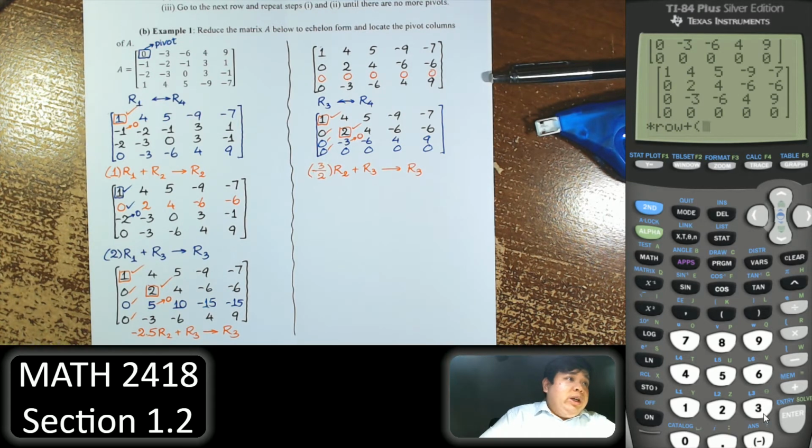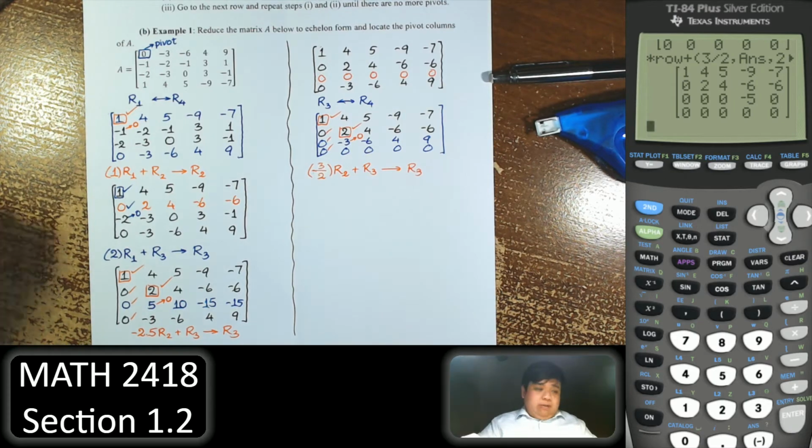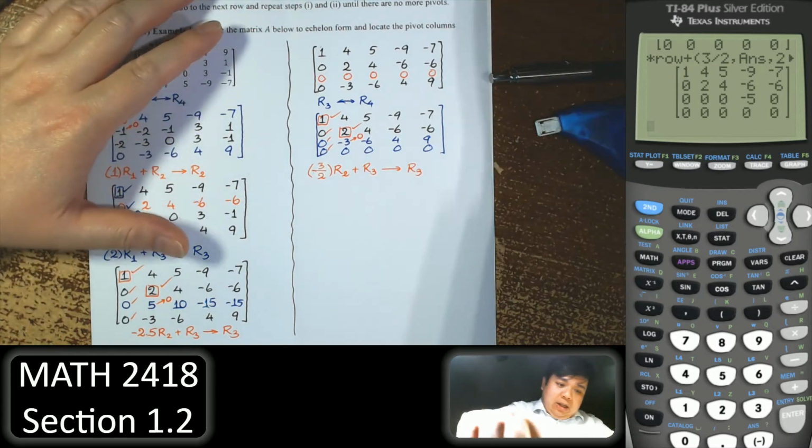Right, 3 over 2. Apply to that last matrix, we just enter, and then multiply to row 2, add and replace to row 3. Right, and so we have that. Let's write that down.